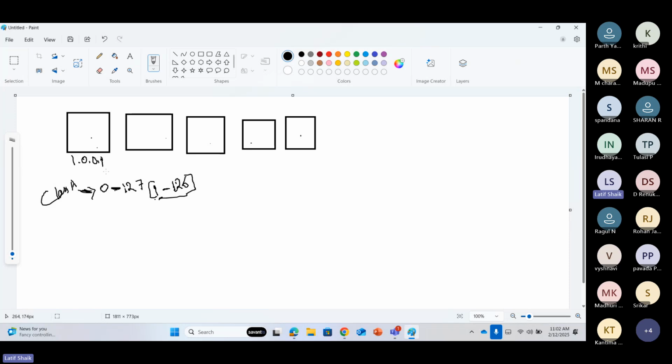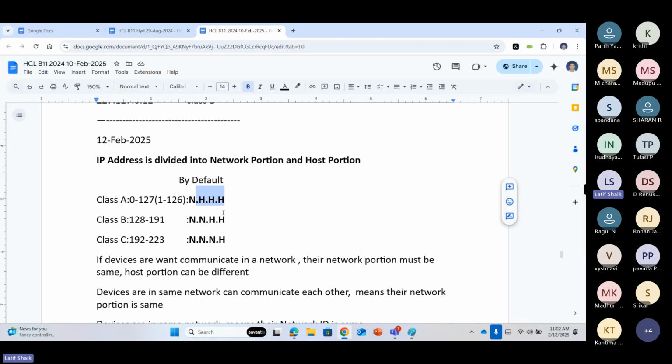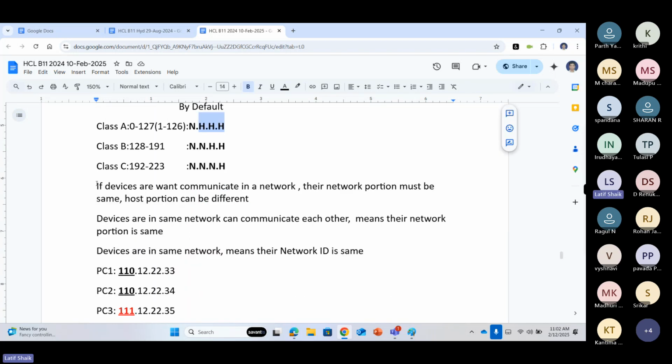I assign 1.0.0.1 to this device and 1.0.0.2 to the next. In class A, the very first portion is the network portion and the remaining are all host portions. So the condition is that if devices want to communicate in the network, their network portion must be the same. The host portion can be different.